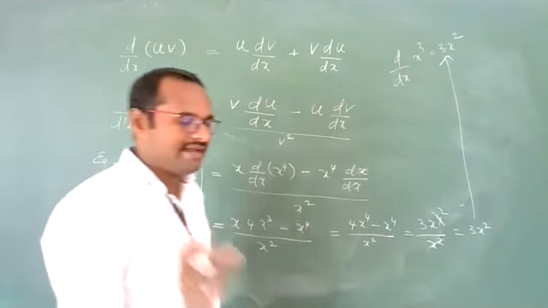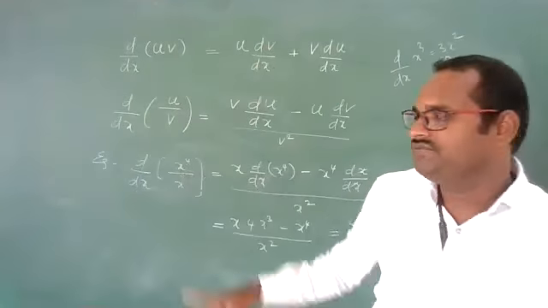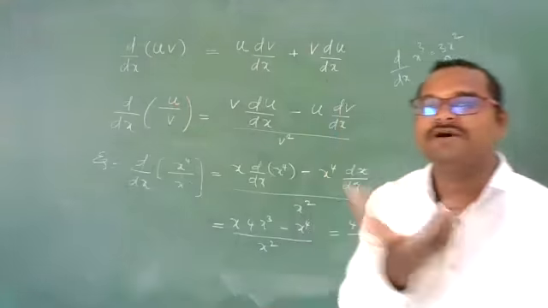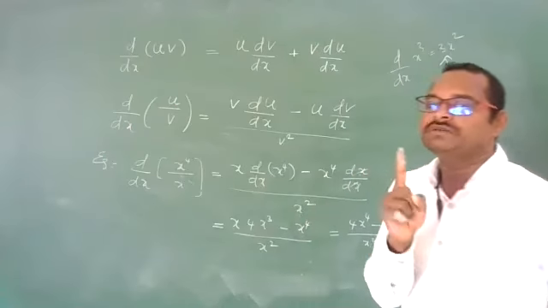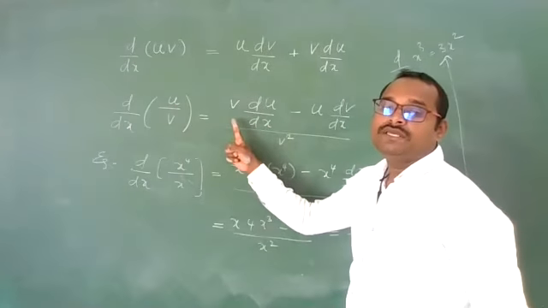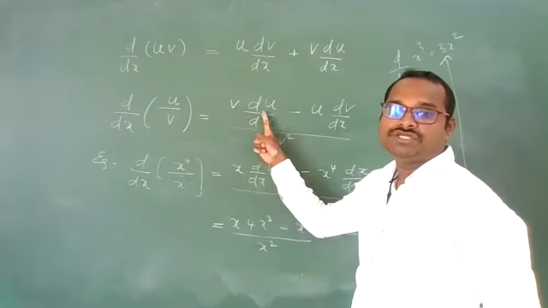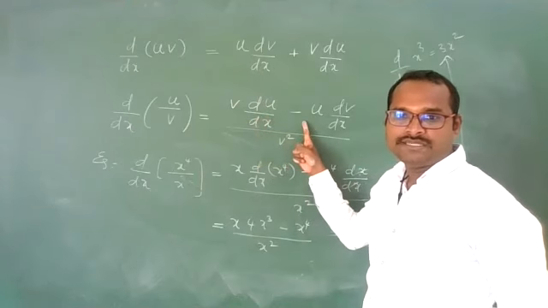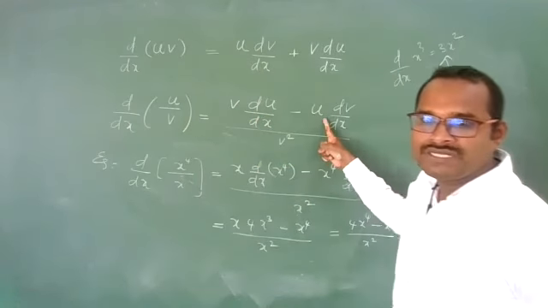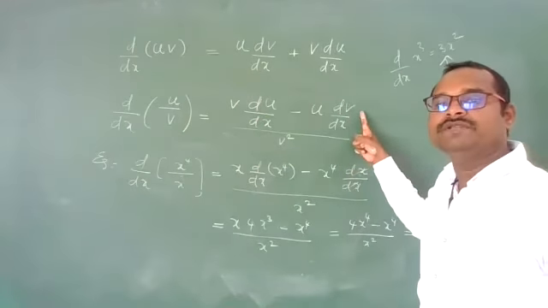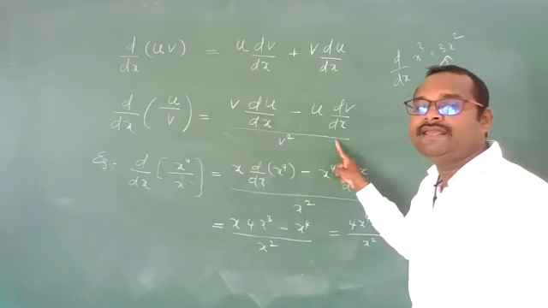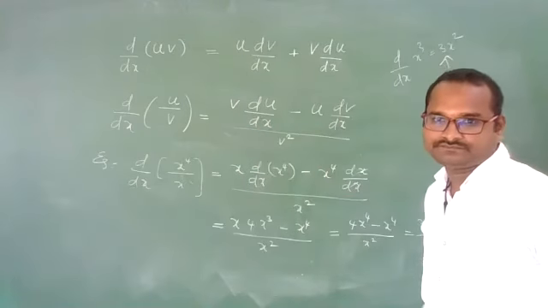So whenever you have a function as a division of two variables, what is the formula for that? What you need to remember? Denominator into differentiation of numerator minus numerator into differentiation of denominator, whole divided by denominator square.